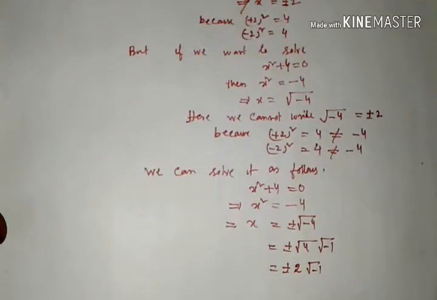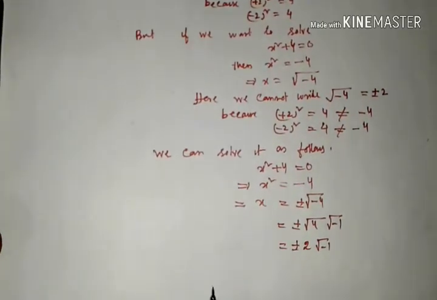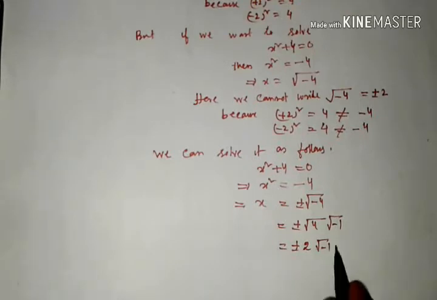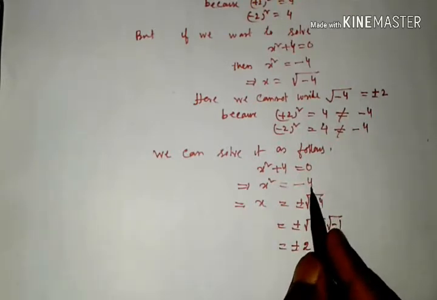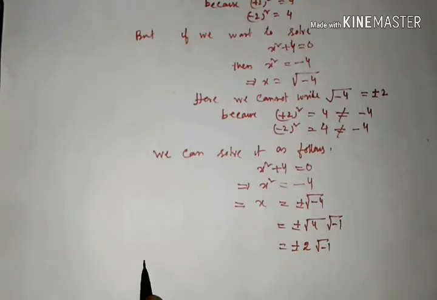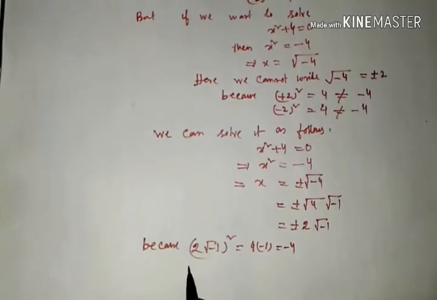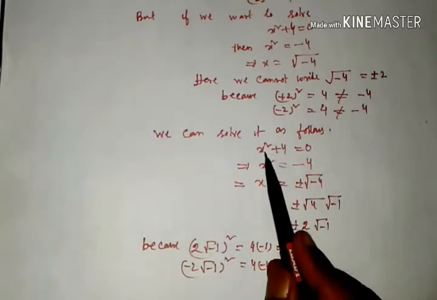We can solve it in this way because if we square this, then we have got minus 4, because 2 root over minus 1 square is equal to 2 square, that is 4, into minus 1, that is minus 4, and minus 2 root over minus 1, if we square this, this is also minus 4.